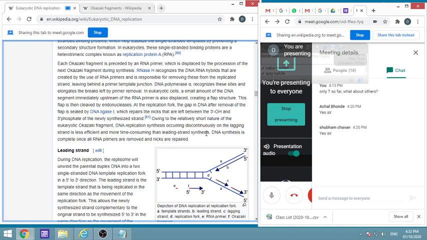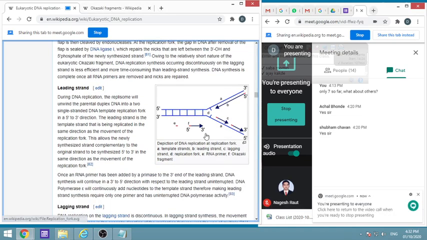We have seen that the leading strand is a continuous one, which uses the template in the replication fork in the 5' to 3' direction. This becomes easy because the DNA polymerase enzyme takes only such portions.